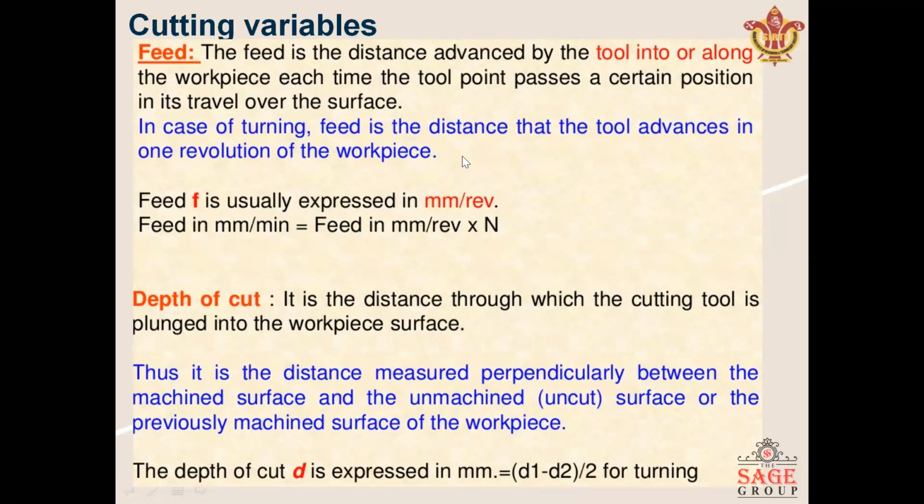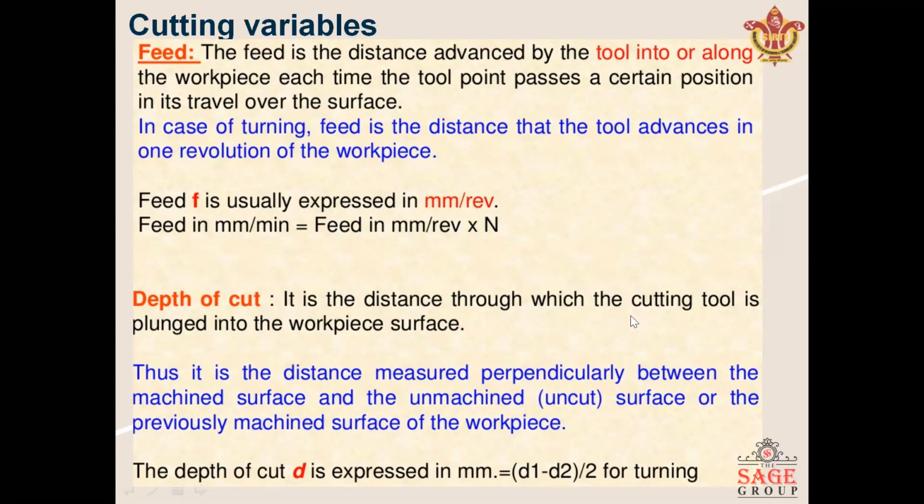So while there is a workpiece and the revolution of the workpiece is supposed to be one, in one revolution of the workpiece, the distance traveled by the tool is called the feed, and this is millimeter per revolution. Or feed in millimeter per minute also, or feed in millimeter per revolution into n can be the second variable of the cutting.